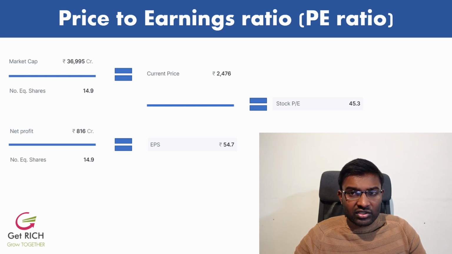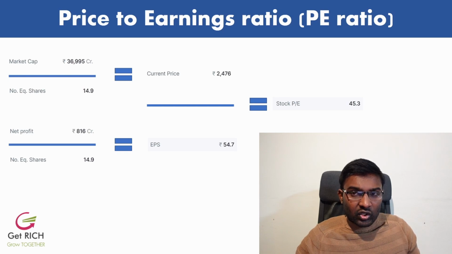Usually a PE ratio between 20 to 30, or less than 20, is very good, but that completely depends on the growth rate of a company, because we cannot have the same PE ratio for a company growing at 10% and a company growing at 30%. A 30% growth company will generate profits at a much faster rate than a 10% growth company.